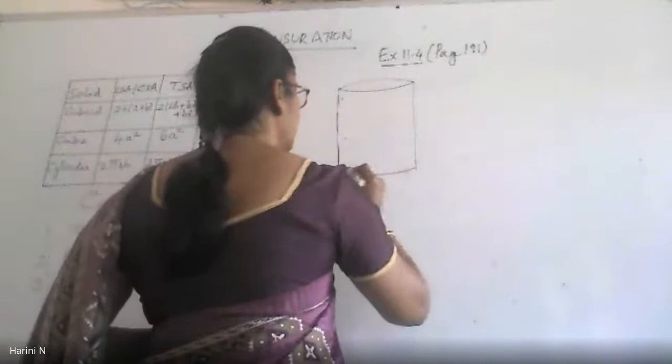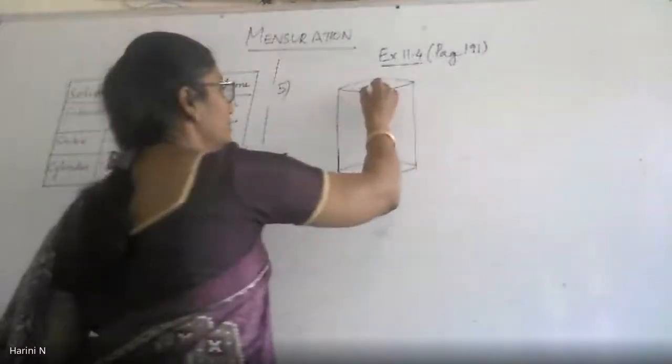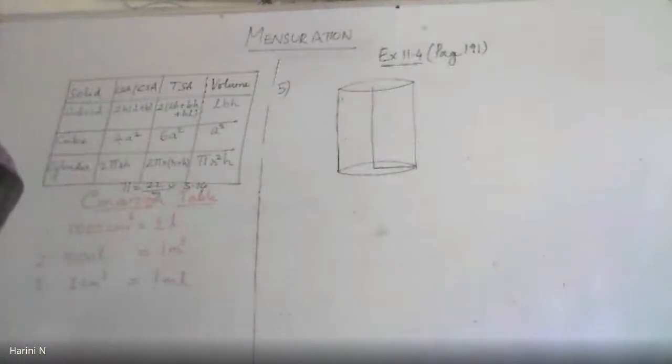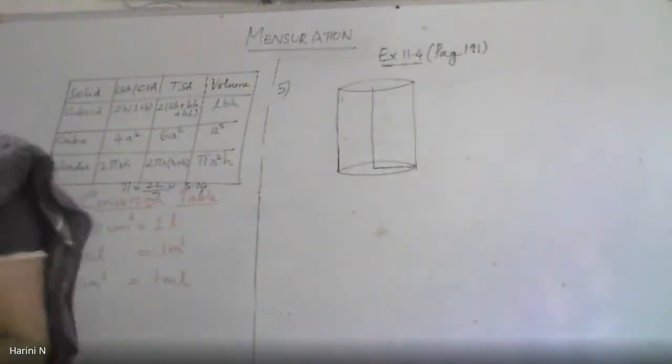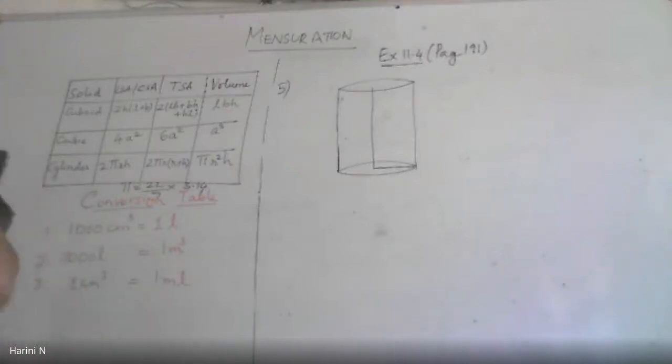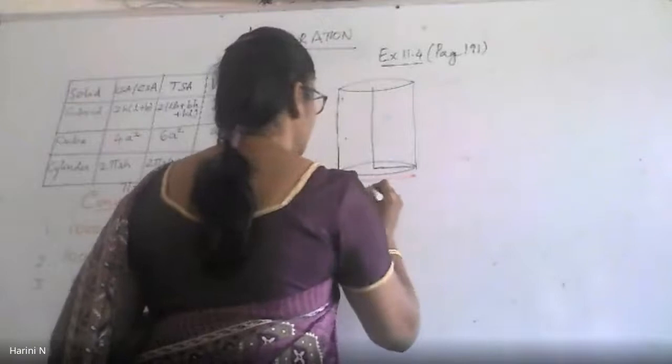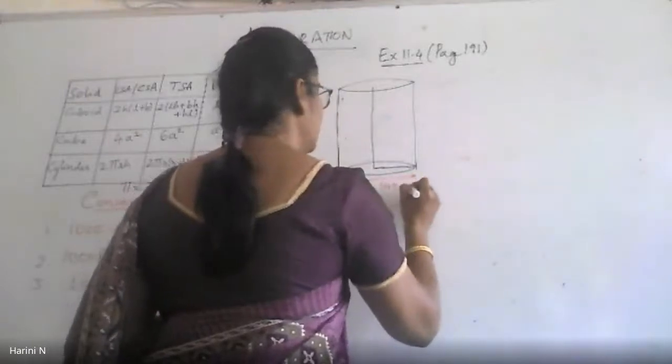There is a cylinder whose base diameter is given, so you should be very careful. The diameter of the base is given as 140 centimeters.